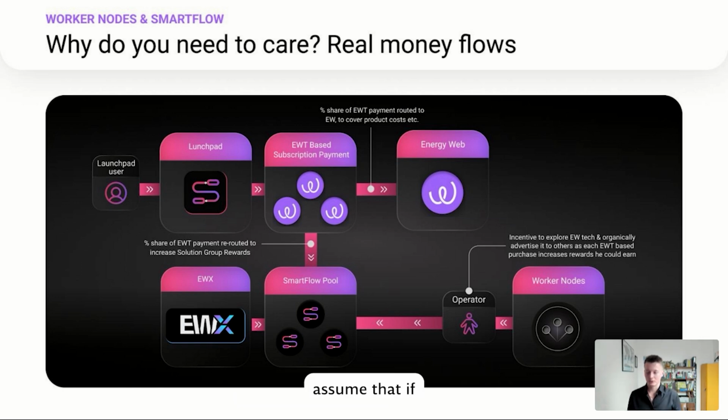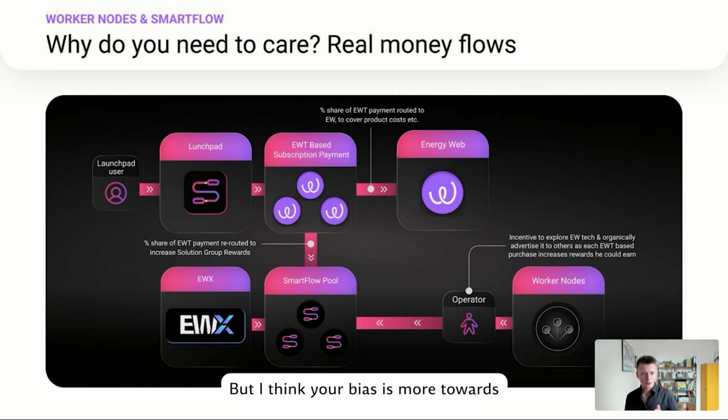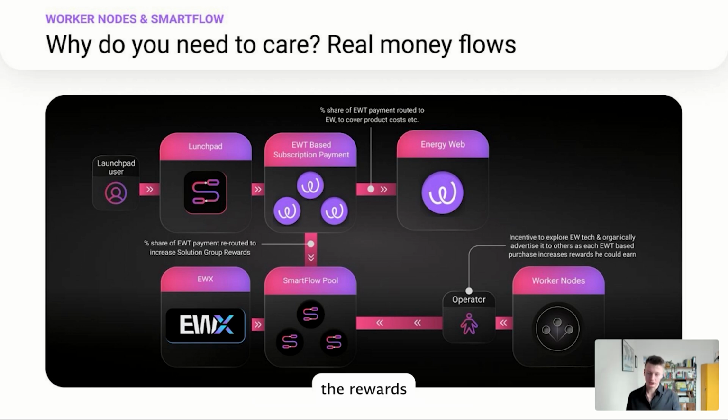So let's say I assume that if your goal was to understand more use cases, or coming from the technology standpoint, that was for sure very interesting for you. But if your bias is more towards the rewards and contributing to the solution groups, this is something that probably you would like to hear the most.